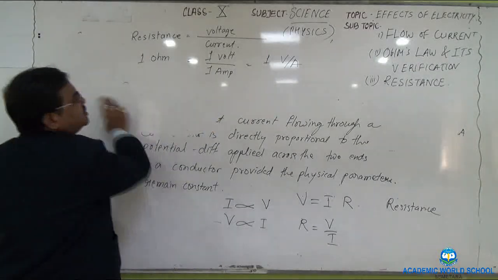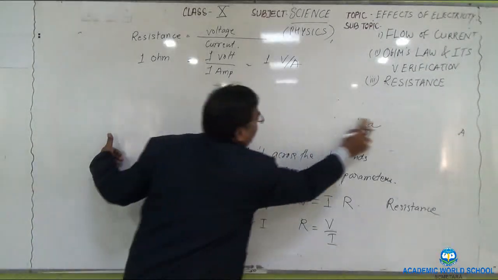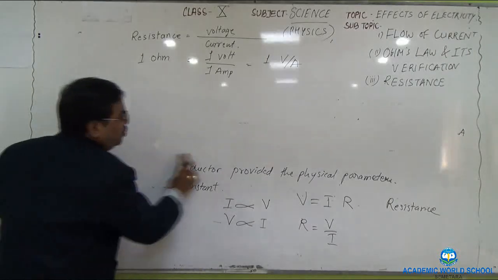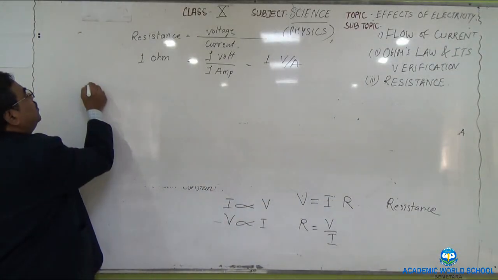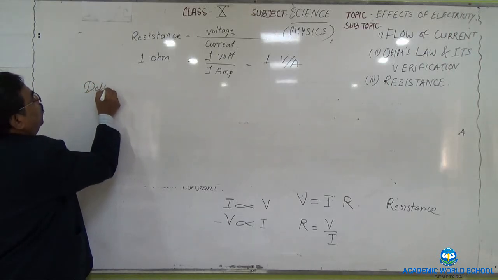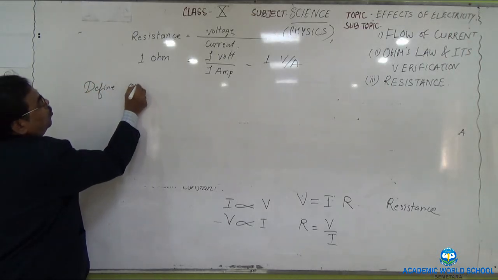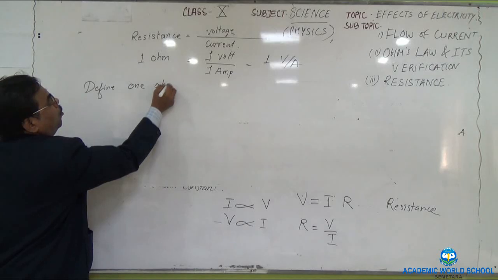One ohm is 1 volt per ampere, or you can write the definition of 1 ohm. Define 1 ohm.